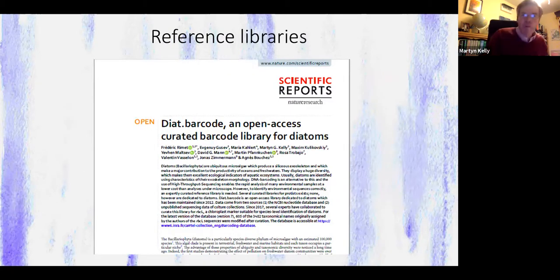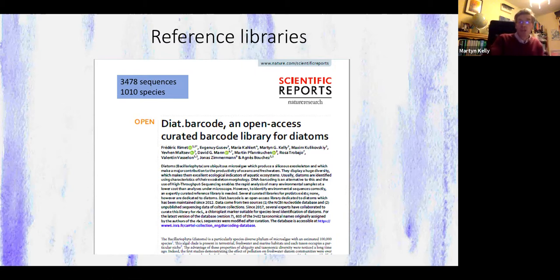So the big challenge when you're starting to think about metabarcoding is getting a library of reference barcodes. Lots of individual efforts in Europe are now coalescing around this large database that's coordinated by Frédéric Rimet and his colleagues in France. It's got over 1,000 species represented, which is great, and it's really well curated.